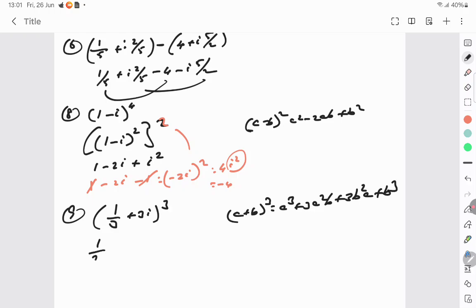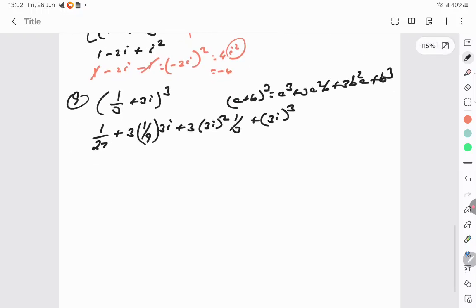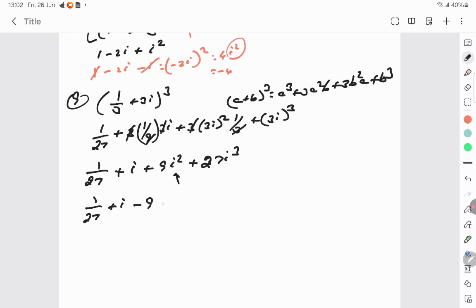So 1 by 27 plus i, 9i square plus 27i cube. i square is minus 1, so 1 by 27 plus i minus 9. i cube is minus i, so minus 27i.